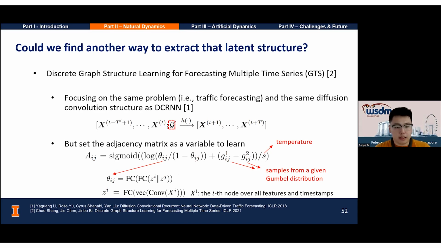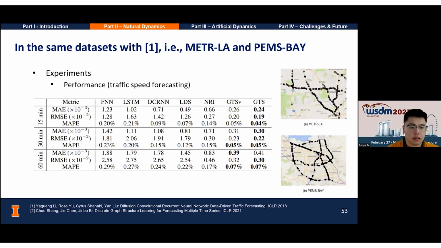After we have theta_ij, the g_ij here are samples drawn from the Gumbel distribution to introduce some noise during this learning, and s is the temperature for smoothness. In this way, the graph structure is learned along the prediction process. Then let's check out the upgraded performance of the traffic forecasting provided by GTS.